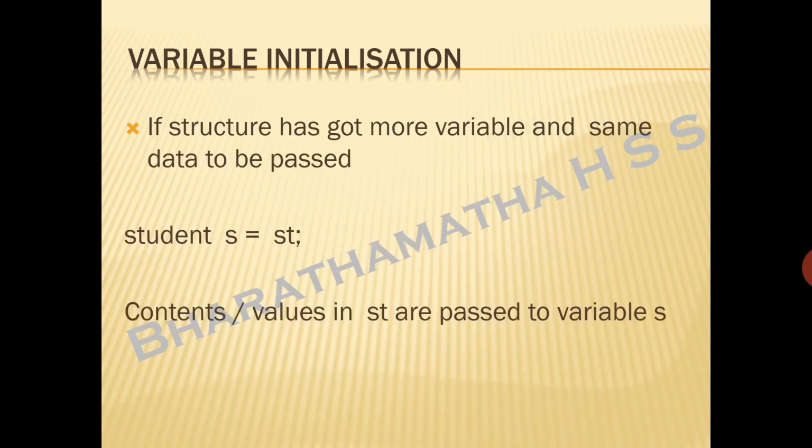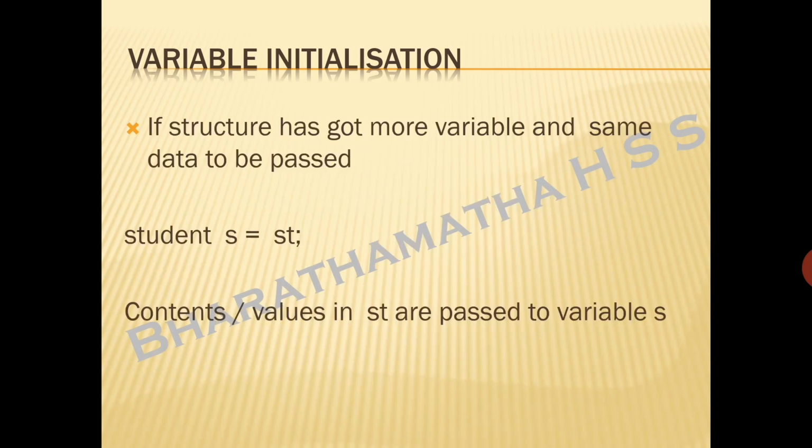So suppose you want to pass a value to another variable of the same structure, that is, a structure can have, I told you, 2 or more variables. So to one variable you have passed the values.